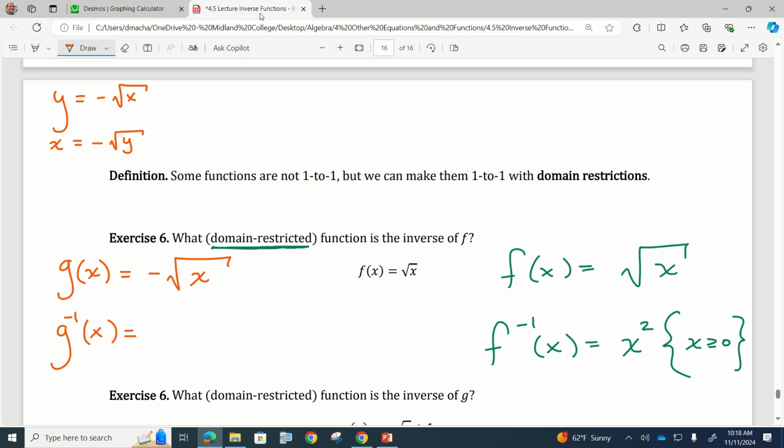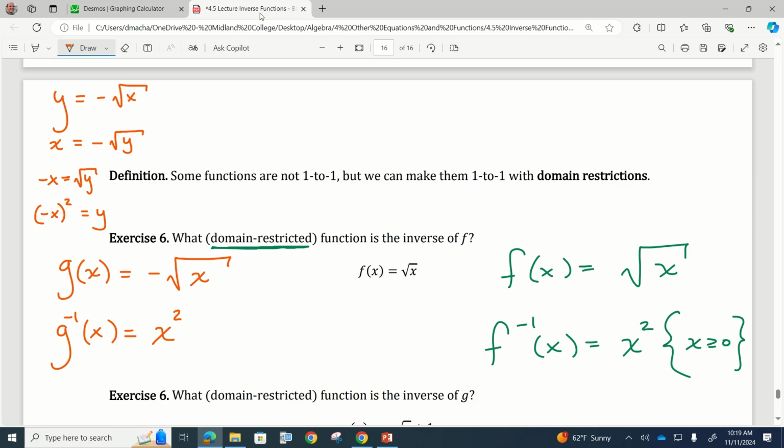I take the negative of both sides. I square both sides. So the inverse function is parentheses negative x squared. But that's the same thing as positive x squared, isn't it? Two negatives make positive. So the inverse function of negative square root of x is x squared.